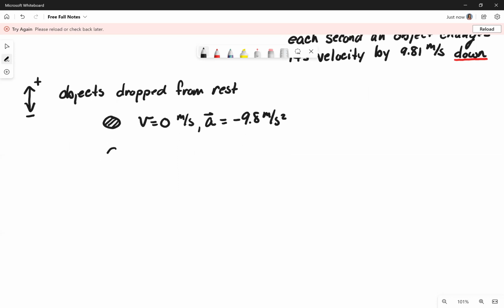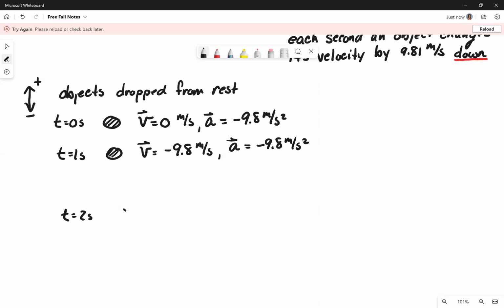1 second later, its velocity is going to be negative. Remember, this has direction to go with it as well. 9.8 meters per second. Its acceleration is still equal to negative 9.8 meters per second squared. 2 seconds later, of course, it will have traveled a greater distance.